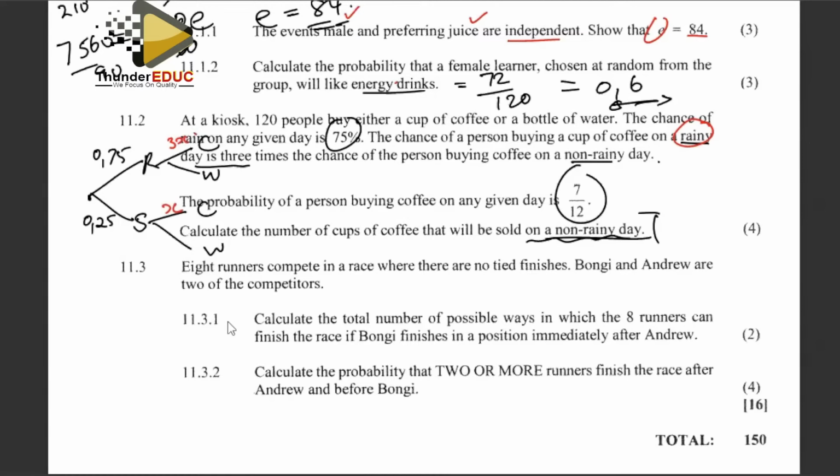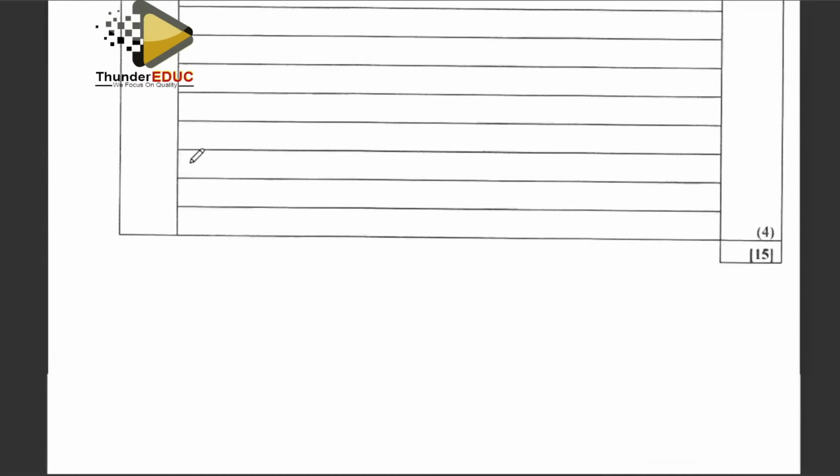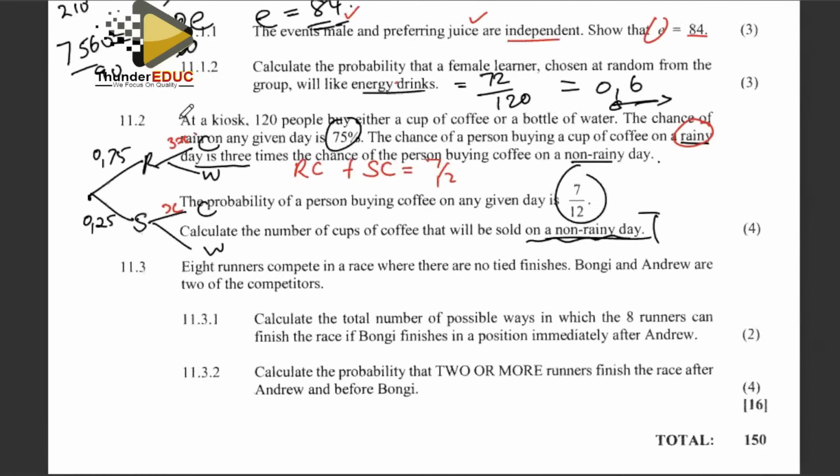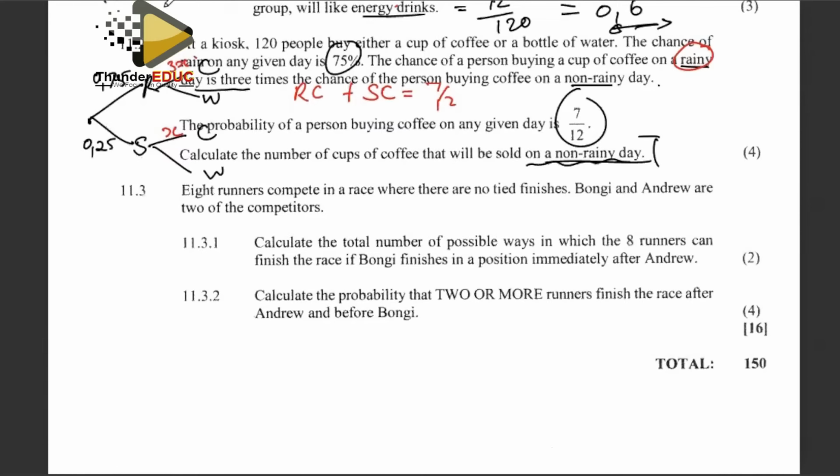Then the total for coffee, knowing that rainy and coffee plus sunny and coffee must give us 7 over 12. How do we go about that? We just multiply these outcomes, meaning we're going to have 0.75. So that is question 11.2.